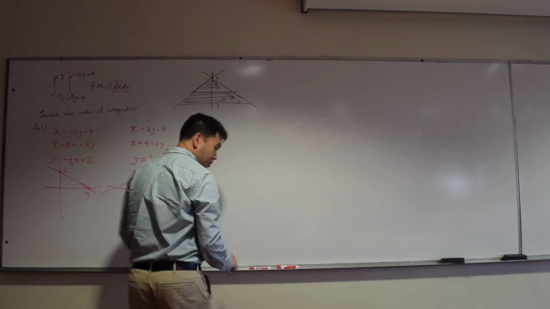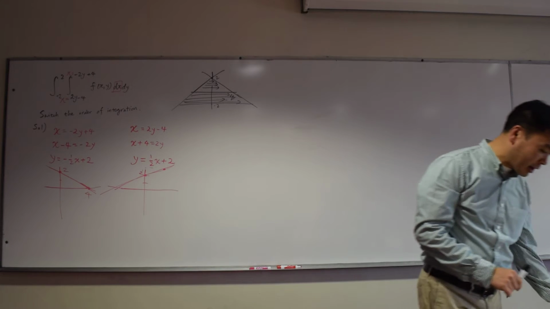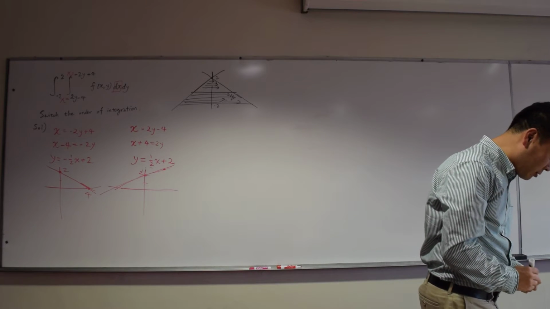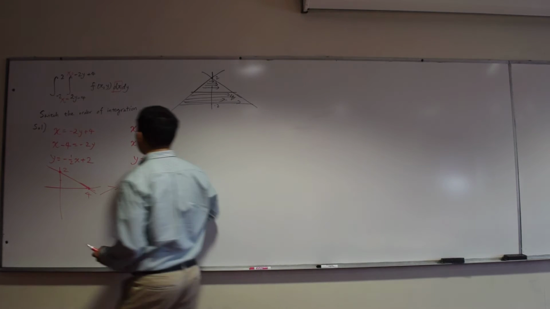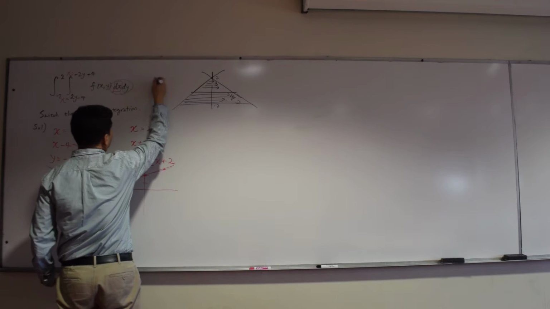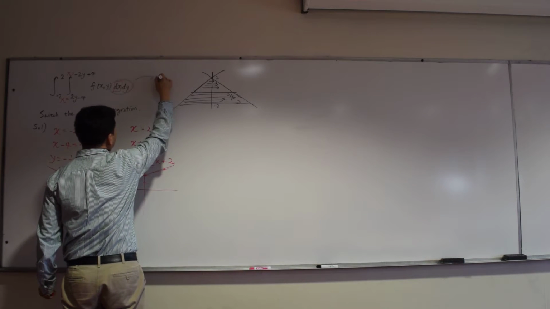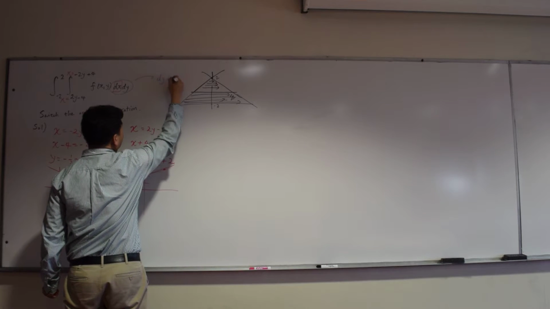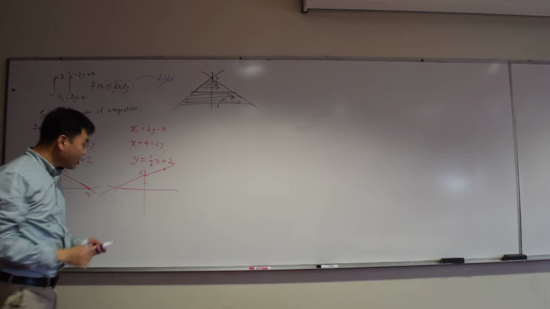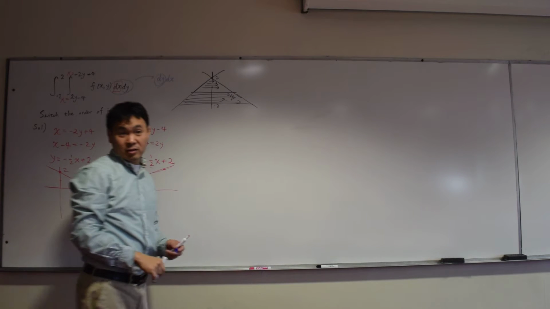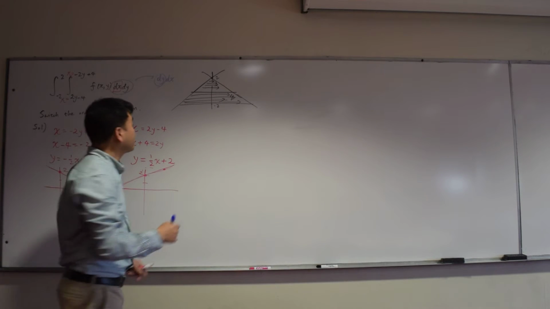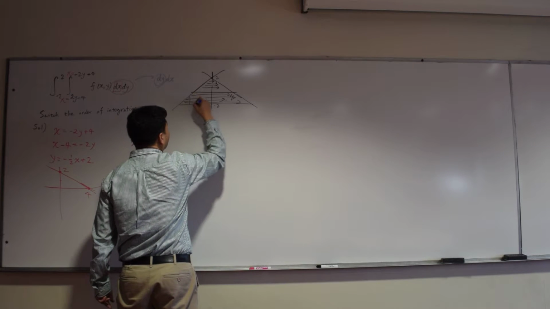Alright, now let's actually think about how to change the order of integration. The order of integration is now being changed to dy dx. Now, having the dy inside means that you're trying to paint this in what way? Upward. Going upwards, right?